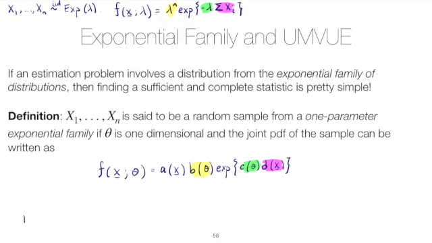It turns out, though, that the binomial n, p, where p is the unknown parameter and n is assumed to be known, the normal distribution with mu unknown where sigma is known, the Poisson distribution with rate parameter lambda are all in the exponential family.